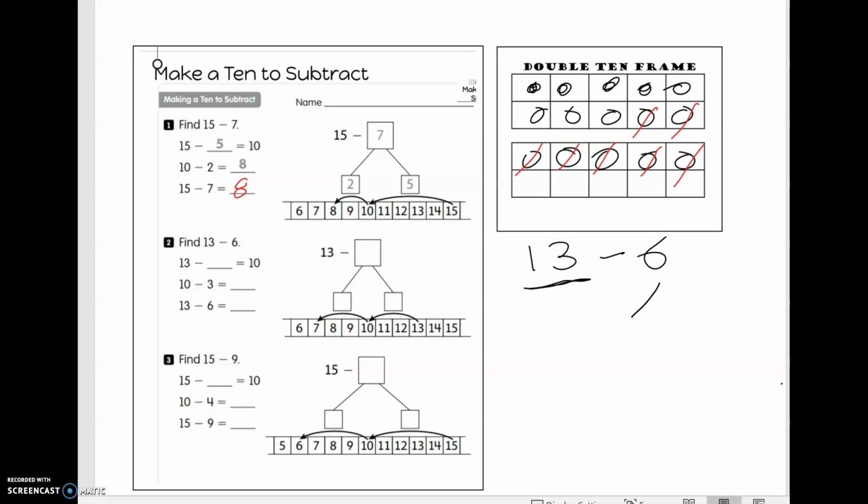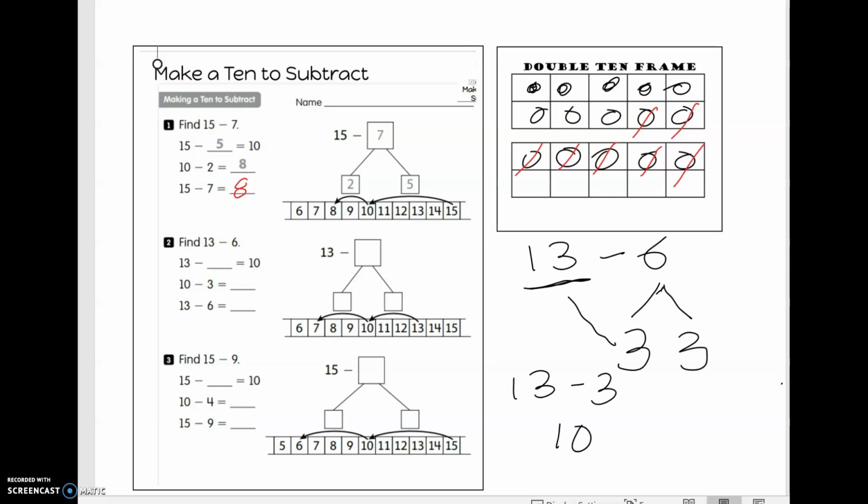So what I'm going to do is I'm going to split the 6 because I need the 3 to take away the 3 from 13 to get 10. So 6, I'm going to split. I know 3 plus 3 doubles gives me 6. So I'm going to take away this, right? So 13 minus 3 equals 10.